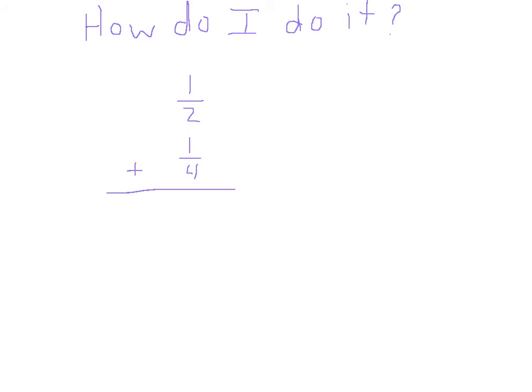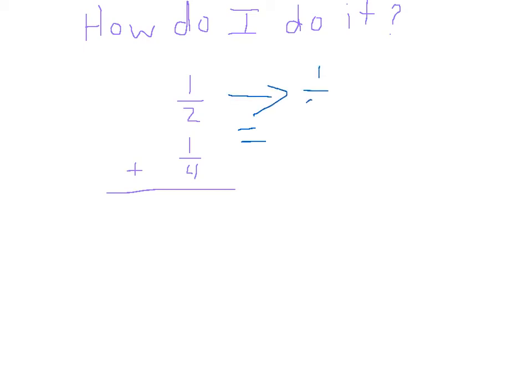So how do I do it again? Well, let's give it a shot. Let's do some converting over here. 2 and 4. I need to come up with a denominator that those two have in common. I know that 2 times 2 is 4, so I only need to change one of these.